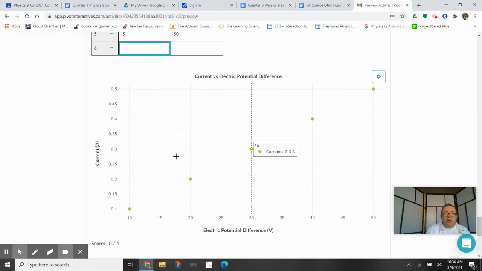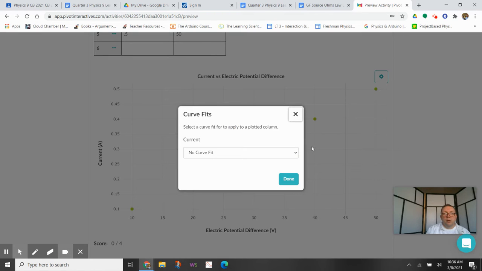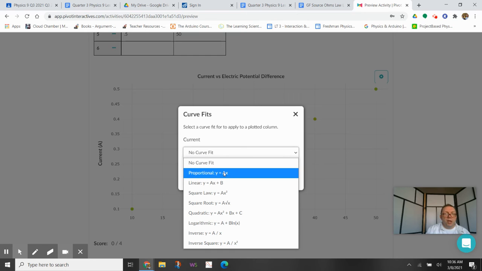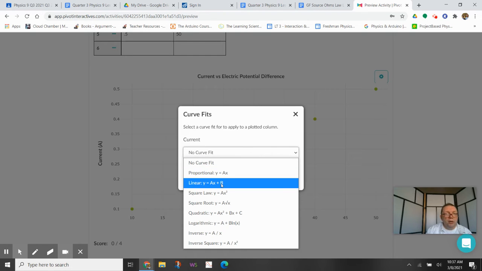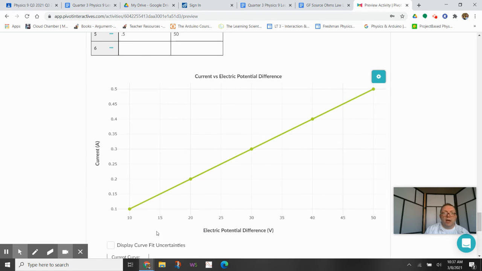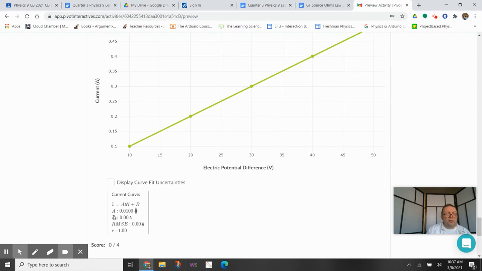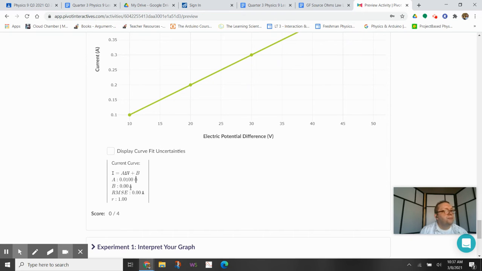There are kind of two variations to it. If we have data that looks something like that, then we go over here and hit curve fits. And then we can say proportional or linear. If I go with linear, the line goes straight through there. And we've got this information for the equation down here.